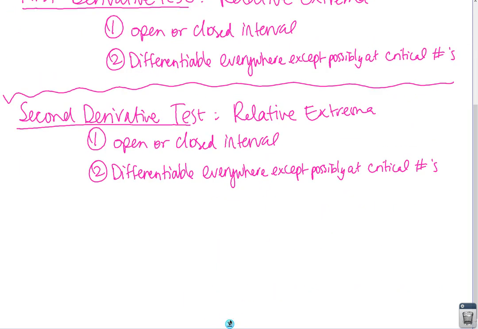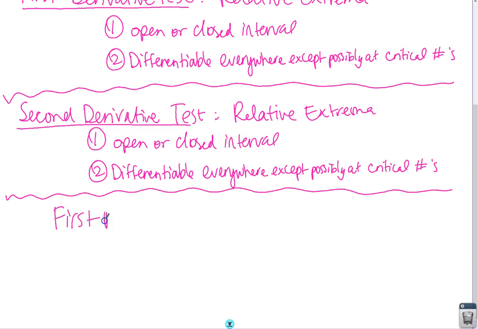Now, we also looked solely at just the first derivative by itself. The first derivative by itself, not the word test, but just the word first derivative, is to determine intervals of increasing or decreasing. An application of looking at your intervals of increasing and decreasing helps you determine your relative extrema by also looking at the critical numbers.